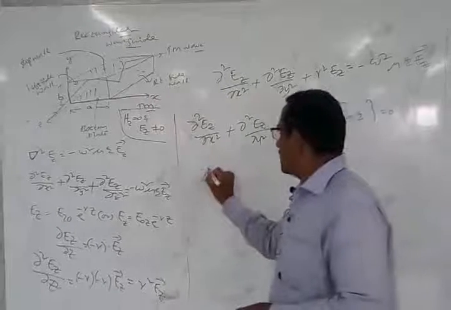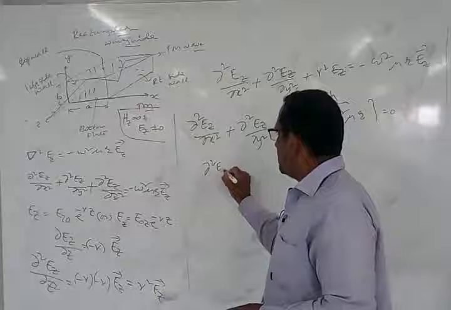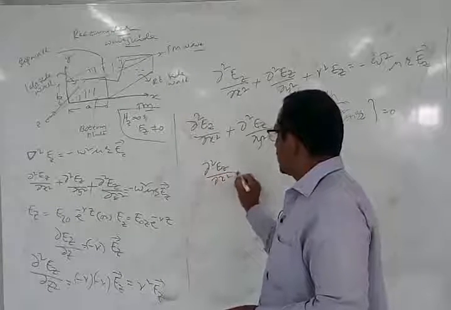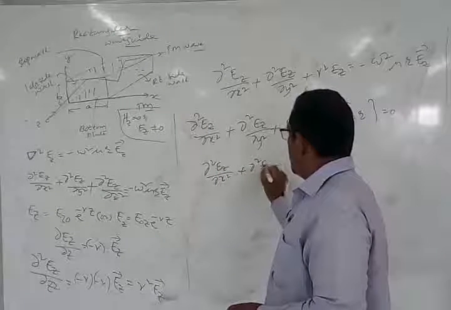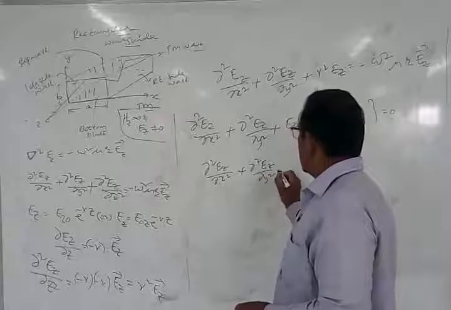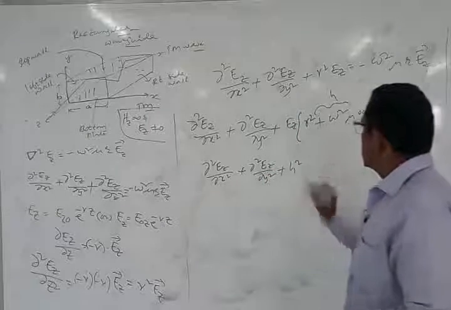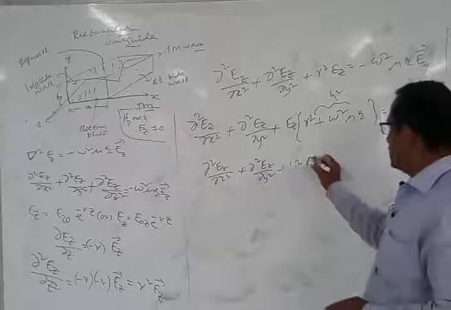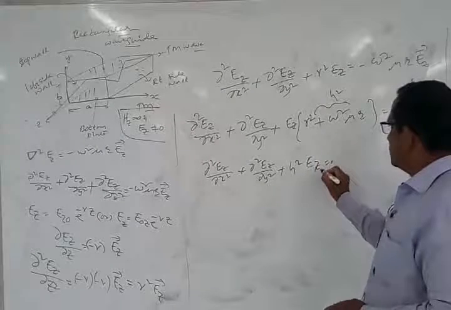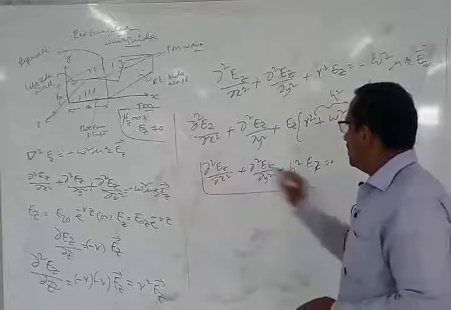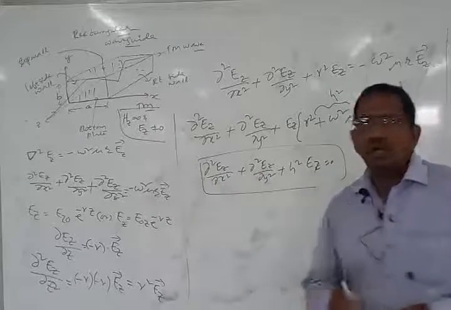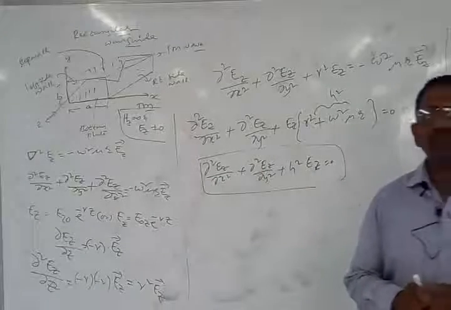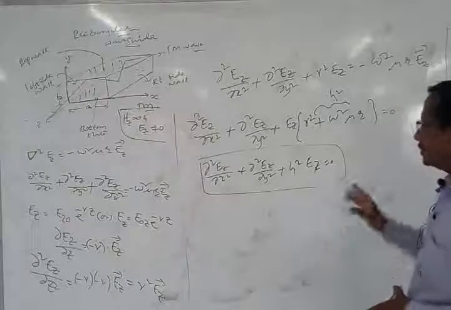Therefore I can write the final equation as dou square Ez by dou x square plus dou square Ez by dou y square plus h square into Ez is equal to 0. So this is nothing but our electric field wave equation in the spatial domain.